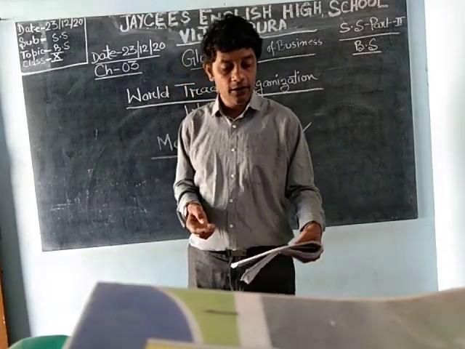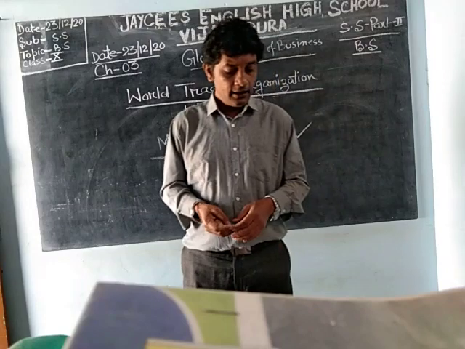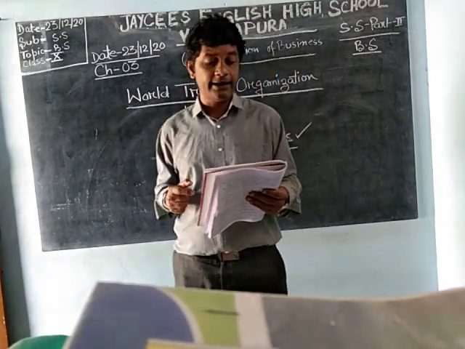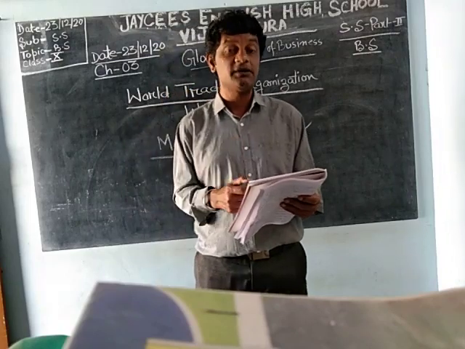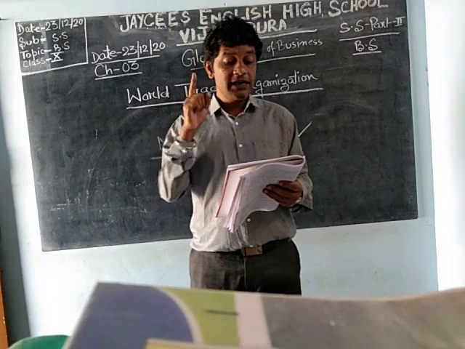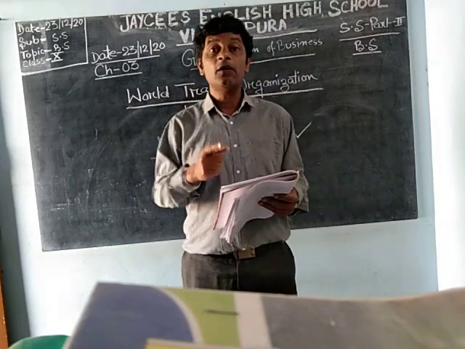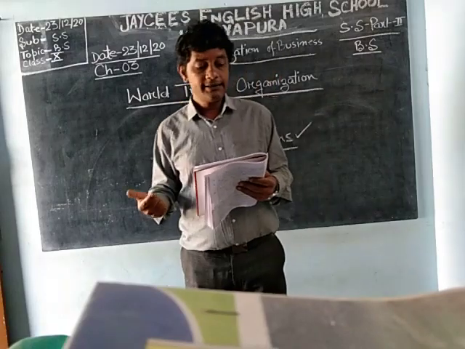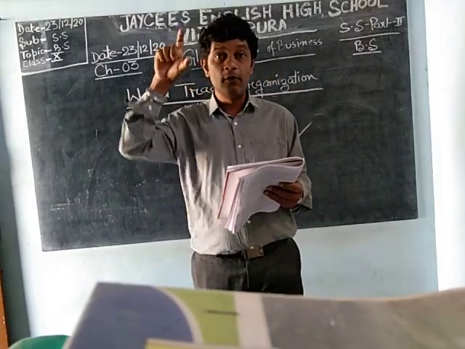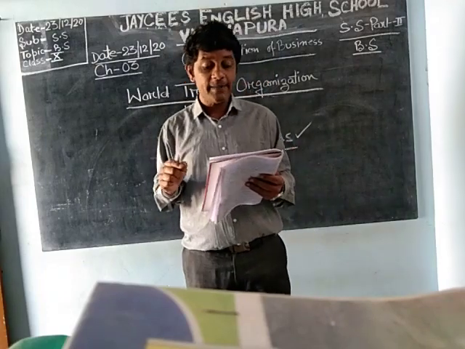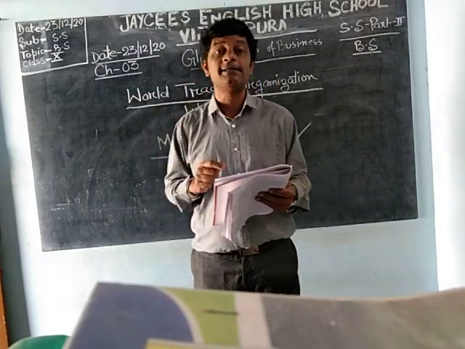In the next video we will be discussing some other points. They are bringing efficiency in production and trade by utilizing resources effectively. They don't want to waste the resources. Continuous monitoring of trade policy: not only have they imposed the rules and regulations, they also monitor whether everybody is maintaining them, to increase the transparency of the decision making process.